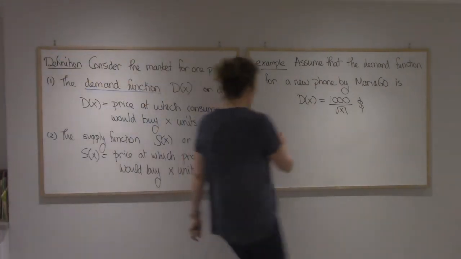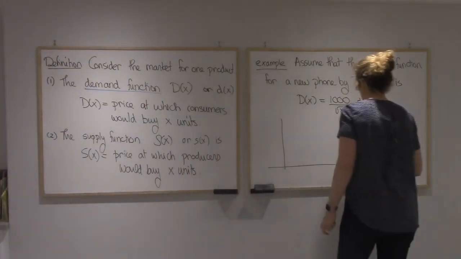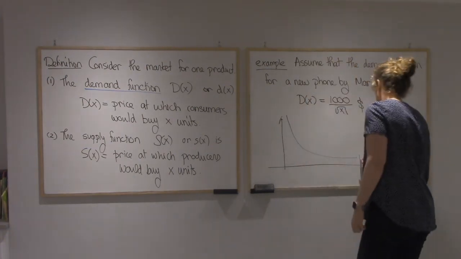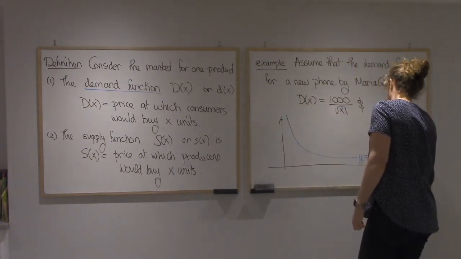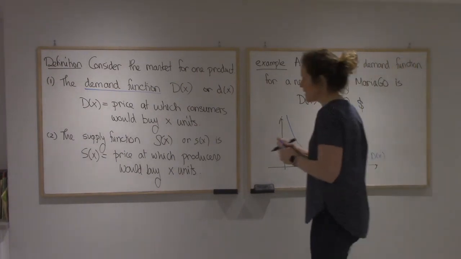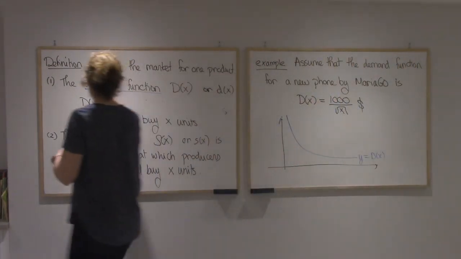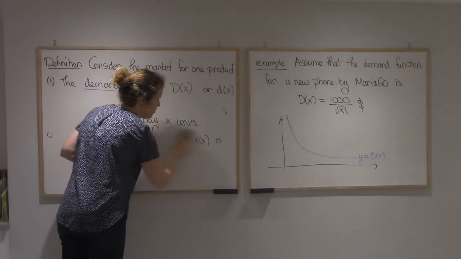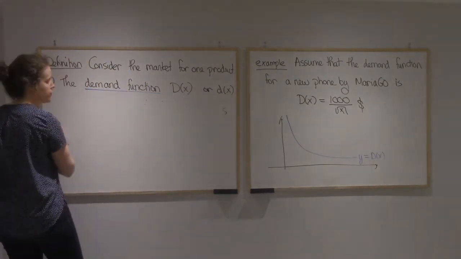Alright, so let me graph it just so you know. You have it in your notes, so it looks something like this. Y equals D of x. We'll evaluate the function at a few points and find a few points on this curve.